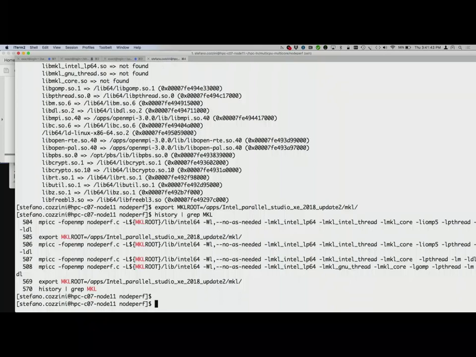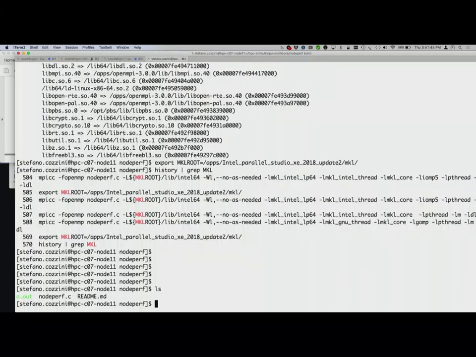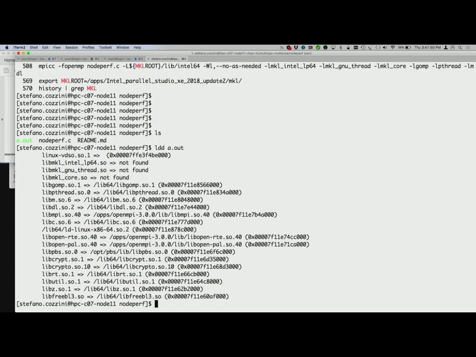So at this point I have an executable that needs to load a lot of dynamic libraries, and at this moment I'm missing these libraries over there, which are MKL libraries, just because the MKL path is not yet inserted in the LD library path that comes with the modules.